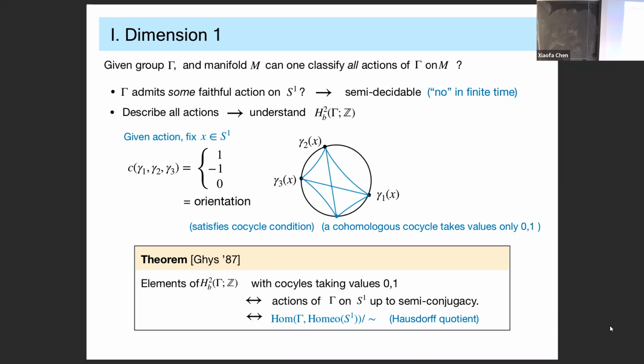This is not completely abstract. In the case where you replace the circle with the line, this has actually been implemented, in a particular implementation done by Danny Calegari and Nathan Dunfield. They were interested in various structures on three-manifolds that they reduced to a question about the fundamental group of that three-manifold acting on the line, yes or no. And they got a computer to output no for a hyperbolic manifold they were particularly interested in, and that was a theorem.